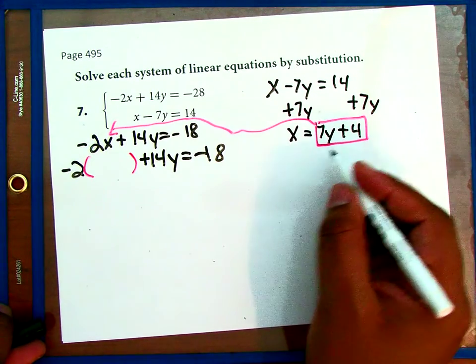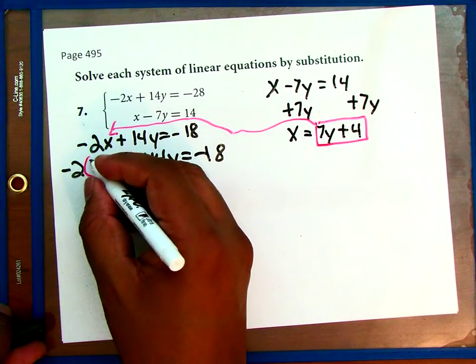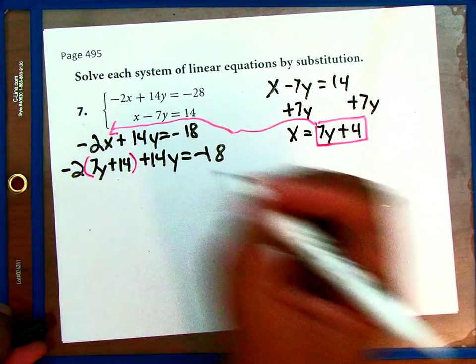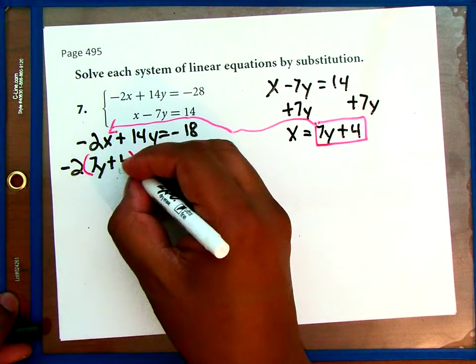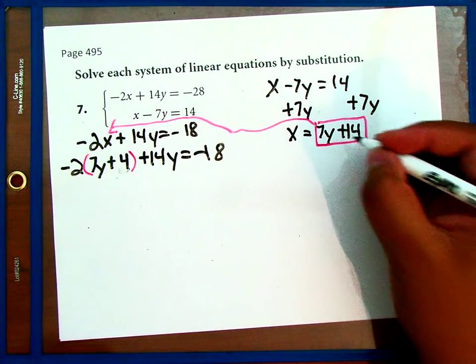And this value is going in here for my x. Oh, this should be 14.